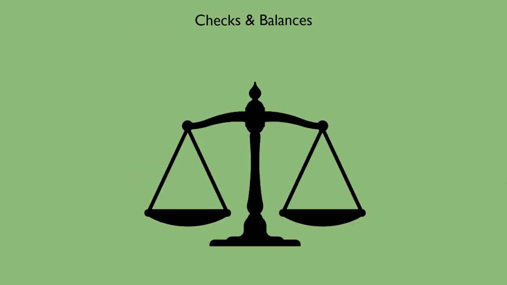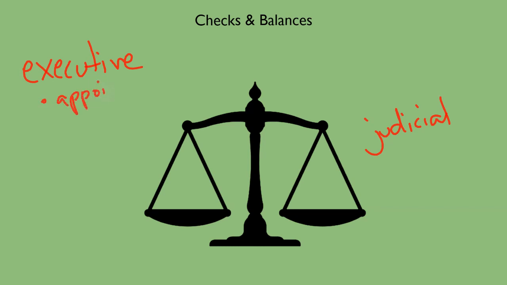Speaking of balancing out and checking, here on the right side we have the judicial branch, and we would have the executive branch. The way the executive branch checks and balances out the power of the judicial branch is by appointing. The president nominates the judge, so the president actually gets to choose who the next judges are.